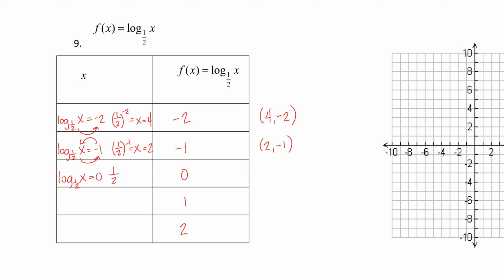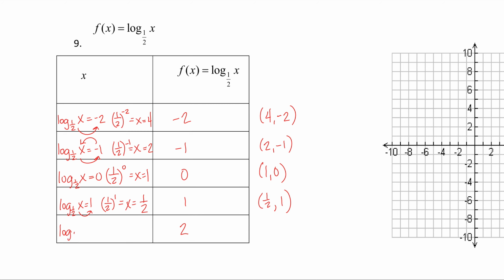That's 1/2 raised to the power of 0 is equal to x. Well, anything raised to the power of 0 is 1, so I have a point at 1, 0. Again, log base 1/2 of x equals 1. So that's 1/2 raised to the power of 1 equals x, which I solve and get just 1/2. The 1 does not do anything to it. So I have a point at 1/2, 1.